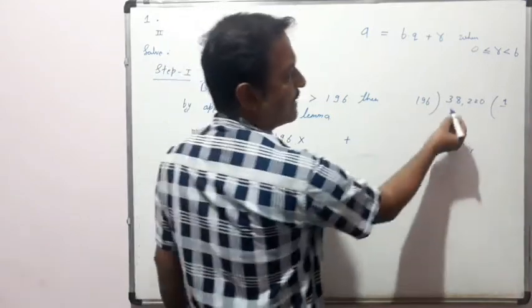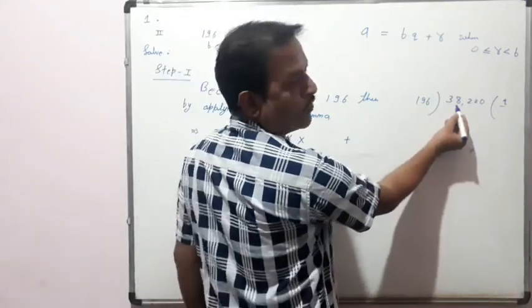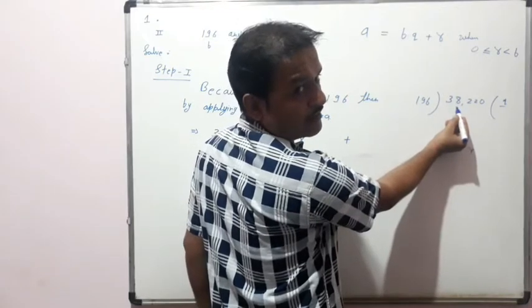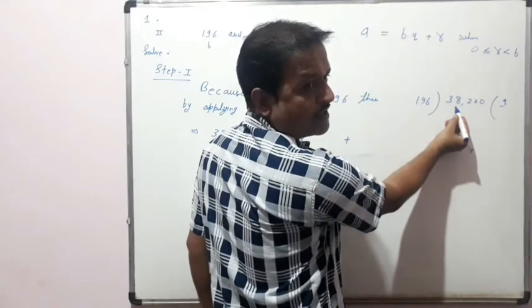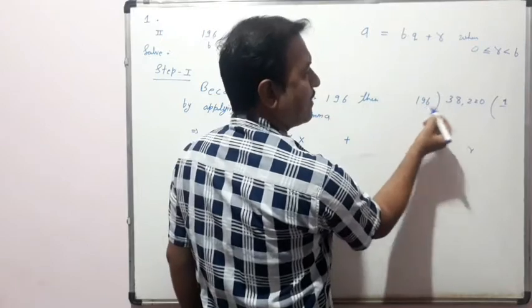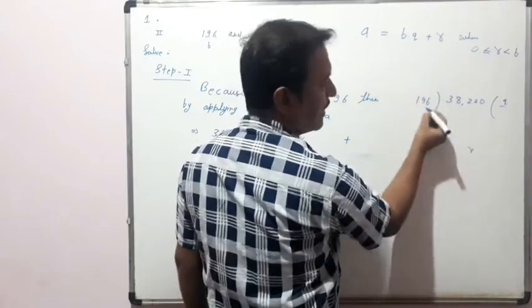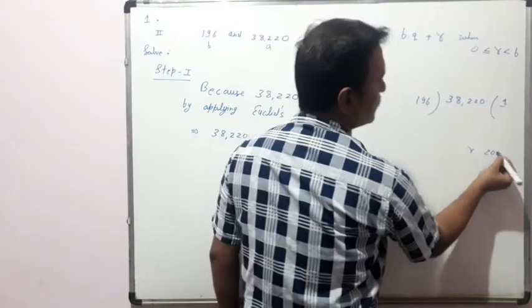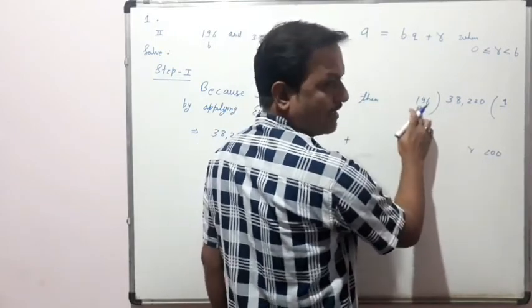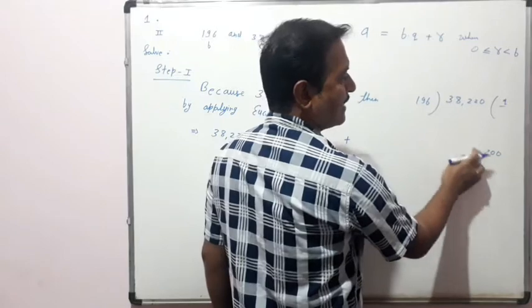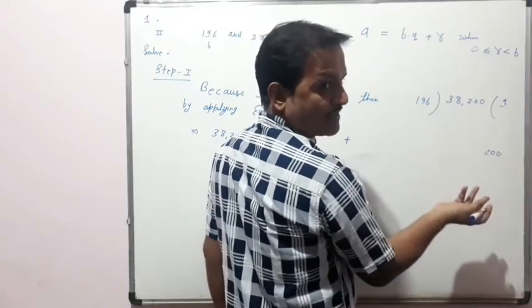You can see the given number is very close to 40,000. Isn't it? And if we make 196 very close to 200, so suppose it is very close to 200. If it is 200, then what happens?